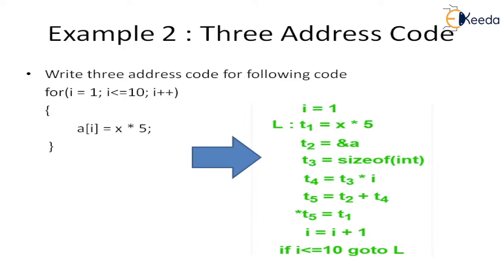This example is represented by three address code as shown in the slide. First i = 1 is considered, then the loop is assigned, which contains temporary variables to store the values of the operations, and like that the program is represented using three address code. Just refer to the slide for the particular example.